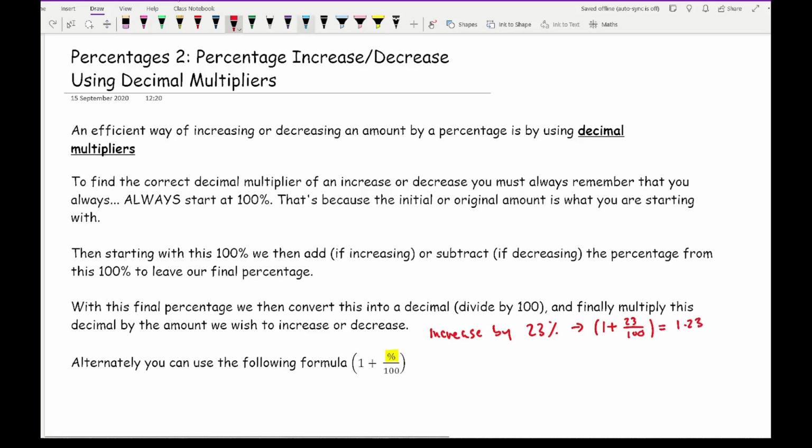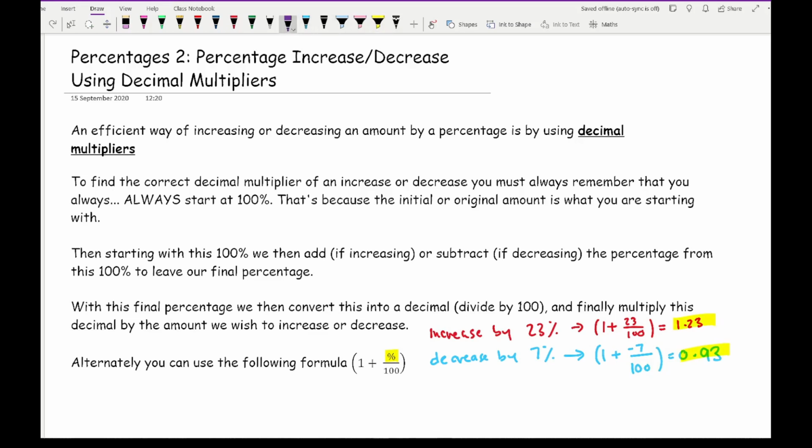If we're looking at a decrease by 7%, we'll get 1 plus, and it'll be minus 7 because we're decreasing, over 100, and that equals 0.93. So these values here would be our decimal multipliers.